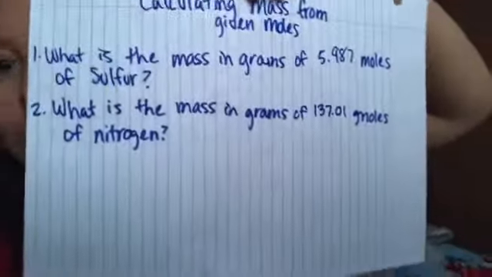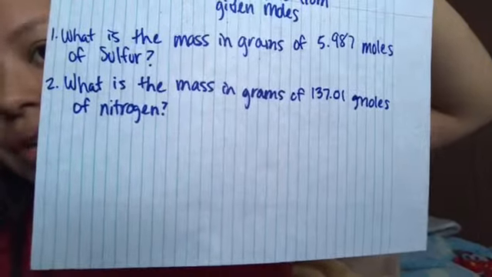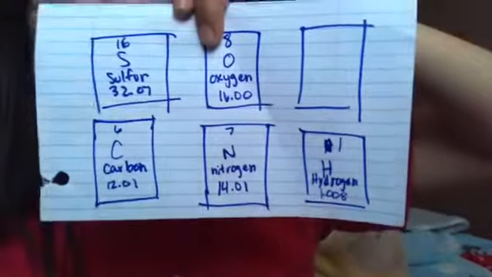Then the second question asks, what is the mass in grams of 137.01 moles of nitrogen? So looking back at the periodic table, we see that nitrogen has a molar mass of 14.01. So we would have to multiply 14.01 times 137.01 in order to figure out how many grams are in 137.01 moles of nitrogen.